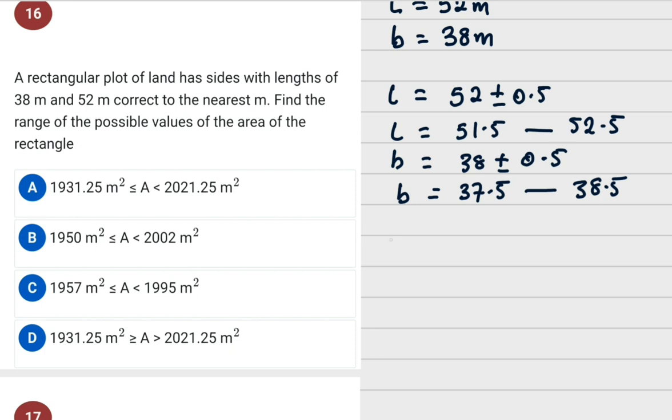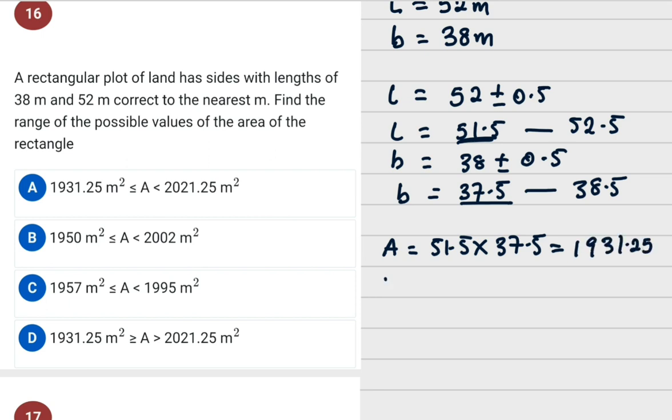Now, picking the lower, I'm picking 51.5 and 37.5. So 51.5 times 37.5, because the area of a rectangle is length times breadth. This will give me 1931.25.